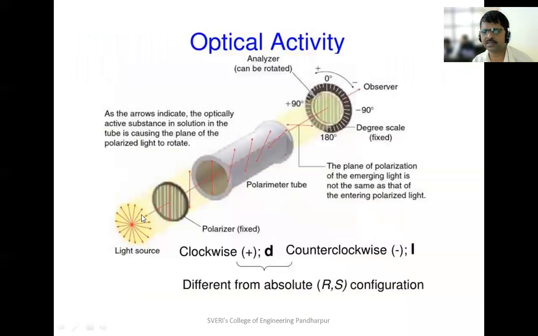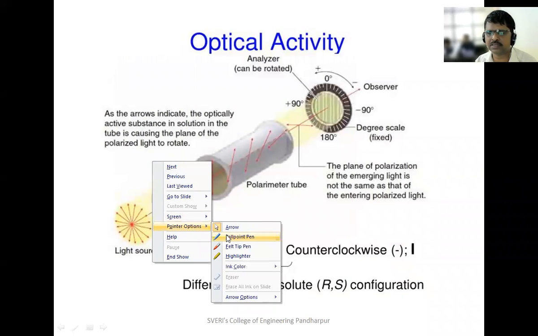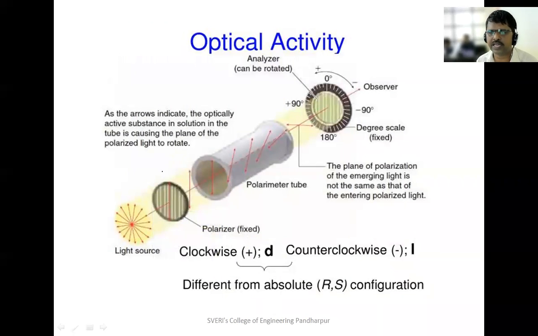See this figure. This is unpolarized light, passed through this polarizer. We get plane polarized light. This plane polarized light passes through this tube, which is completely filled with sugar solution, and sugar is the optical active substance.